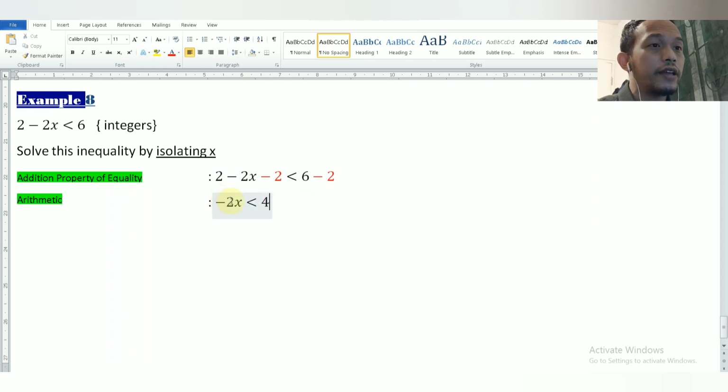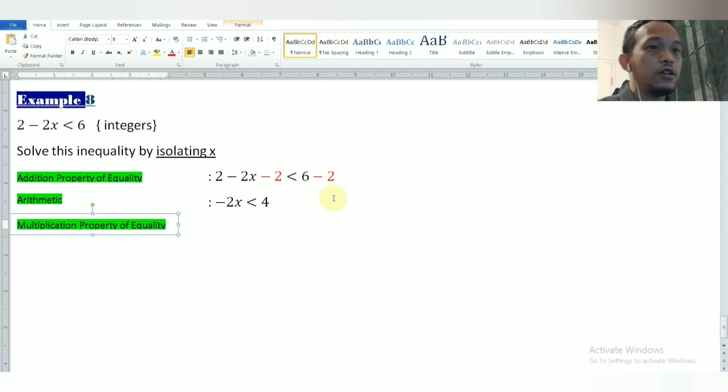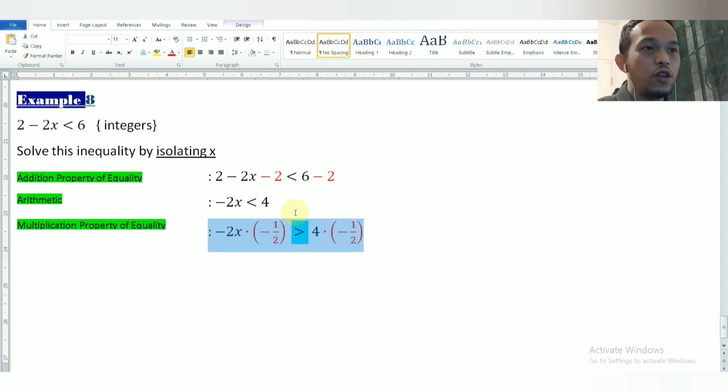And then I will get rid of negative 2 to make x isolated. So I will multiply by its multiplicative inverse, which is negative 1/2. So using the multiplication property of equality, both members are multiplied by negative half.